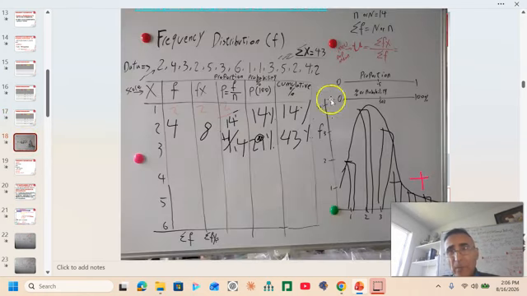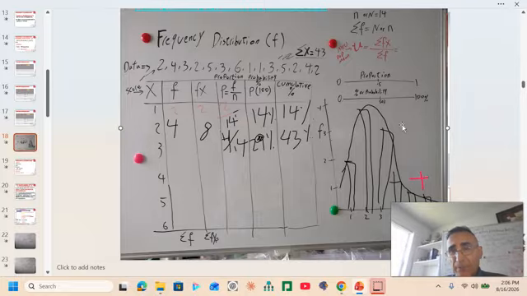So we also talked about these two different measurements. You need to know them. They're very important. One of them is proportion. The other one is probability.